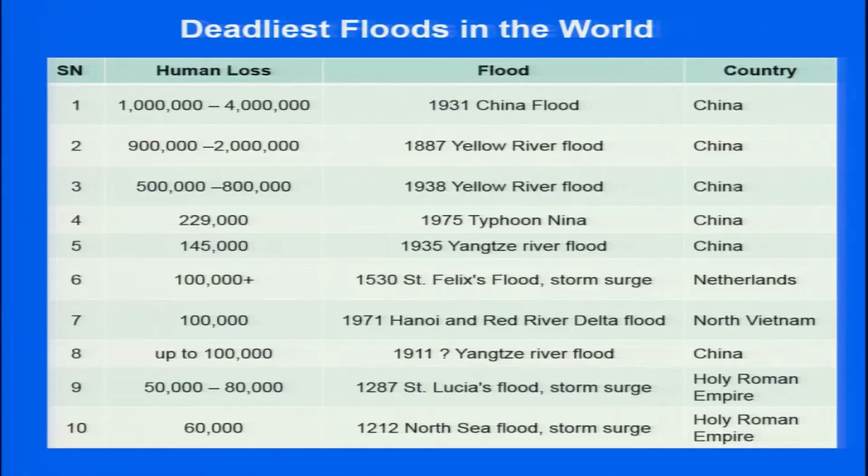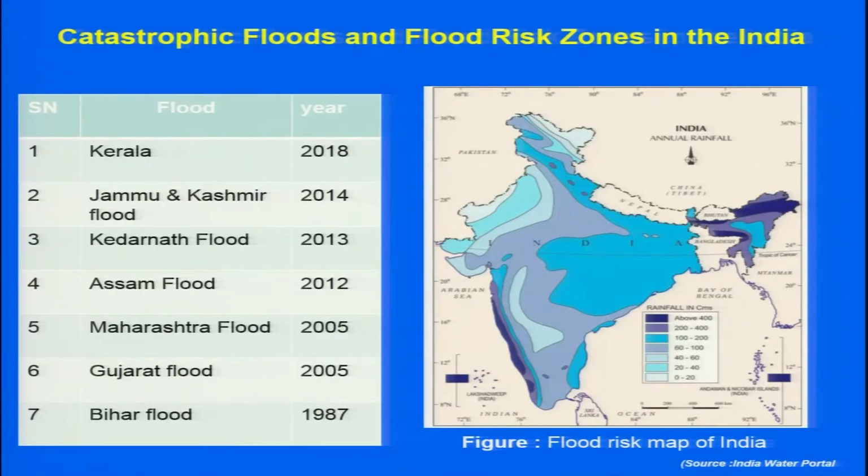Mostly this example is from China, but of course from India, what we have is the Kerala flood in 2018, Jammu Kashmir in 2014, Kedarnath flood 2013, Assam flood 2012, Gujarat 2005-2006, Bihar 1987. There was another flood in Bihar recently, which has not been listed here, but that resulted in the shift in the channel of Kosi.